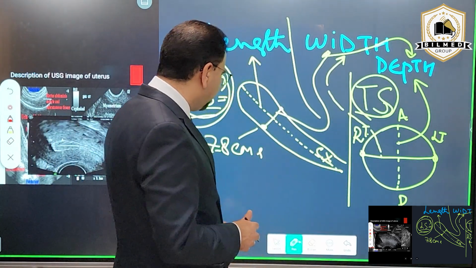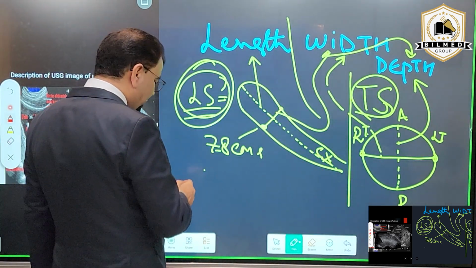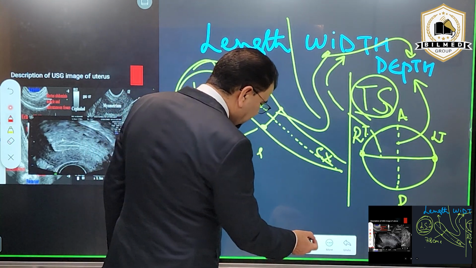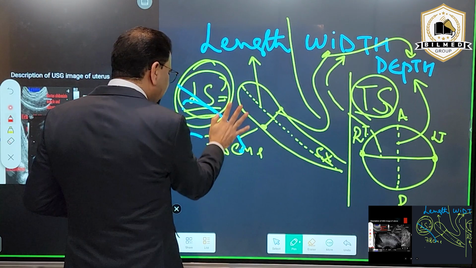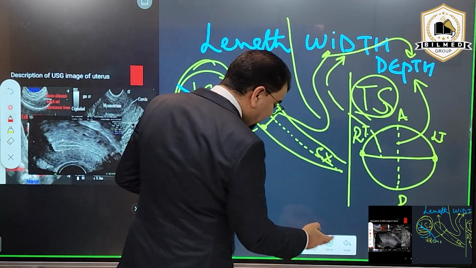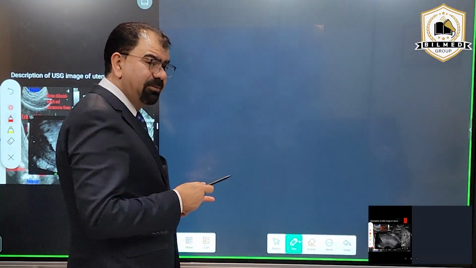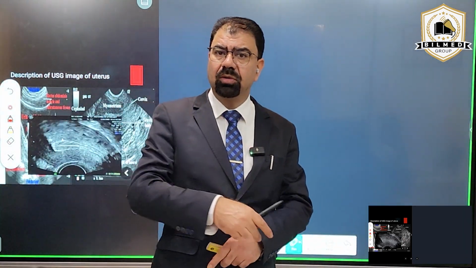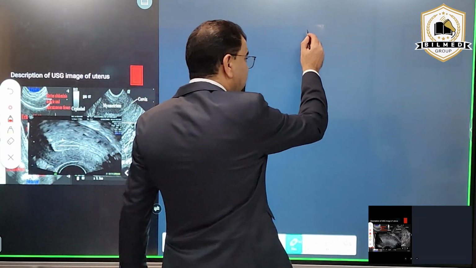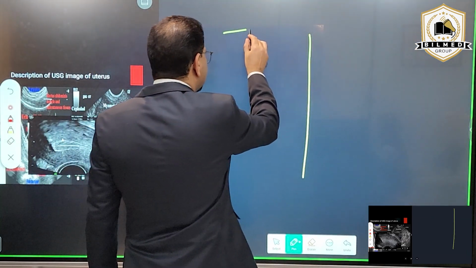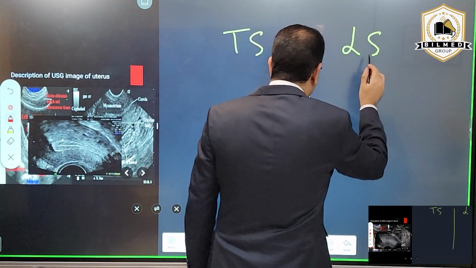The same is applicable for the ovary also, because when I am taking the ovary, I am taking the volume of the organ, and if I give wrong measurements, the machine will give me wrong volume. Now, how will the ovary look in transverse section, and how in longitudinal?